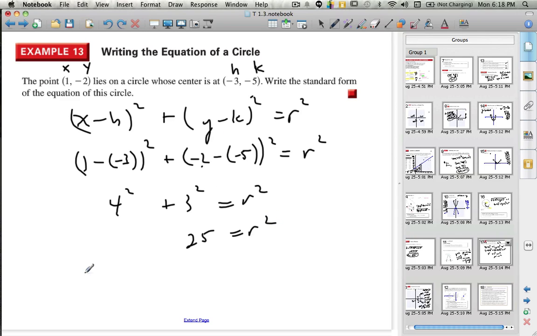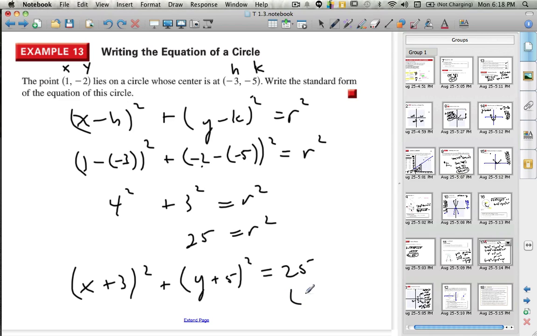So now if I want to write the equation, it's going to be x minus negative 3, that's x plus 3 squared, plus y minus negative 5, that's y plus 5 squared, is equal to 25. Or I could write that as 5 squared, however you want to do it. Okay, so that's this section.